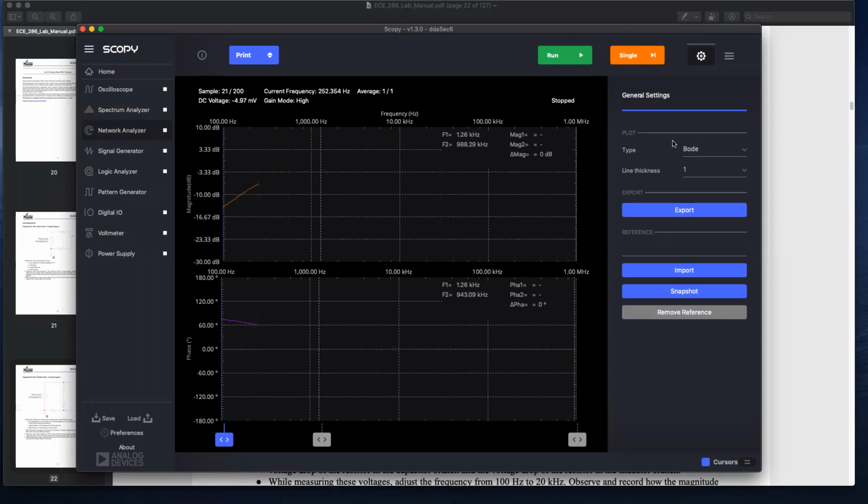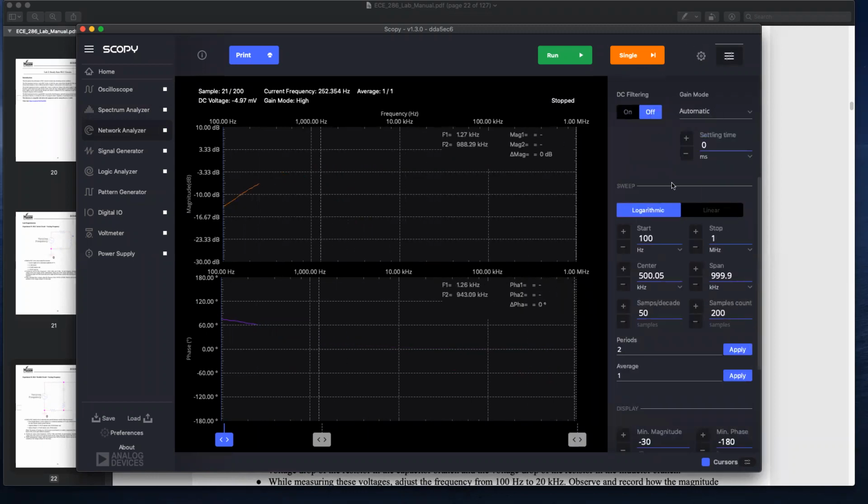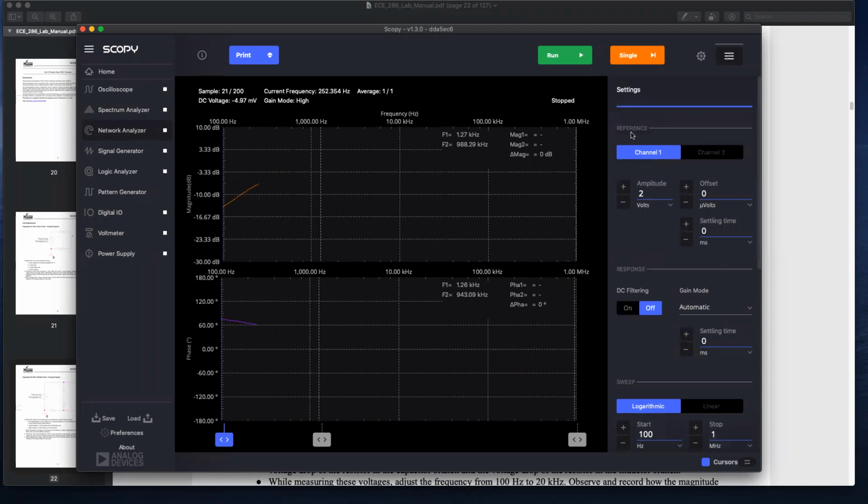My channel 1 is across the supply, so it has to be referencing channel 1. So reference channel 1, and then I'm going to do an amplitude of 5 volts. Then click single. And so this would be my frequency sweep for experiment 1, which I didn't include.